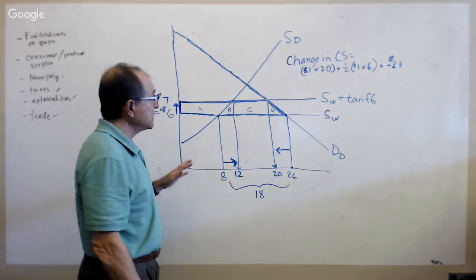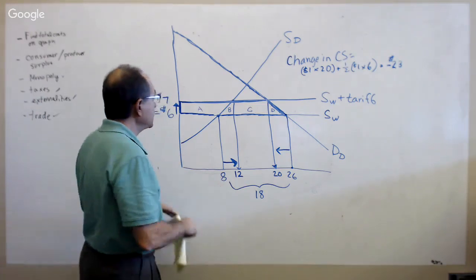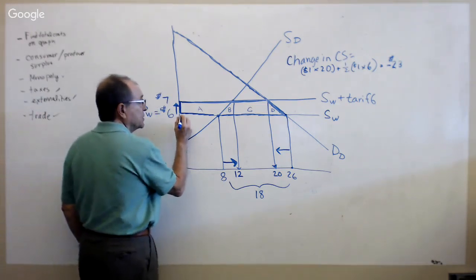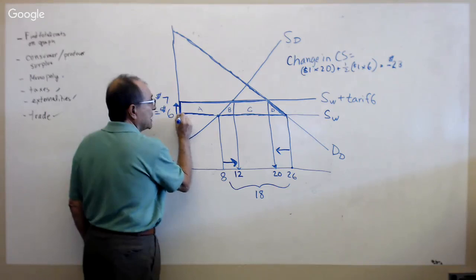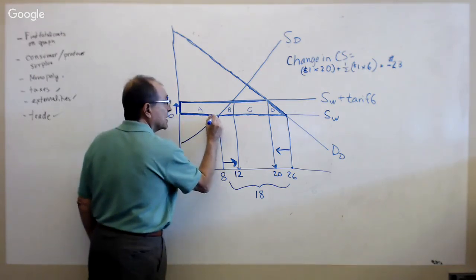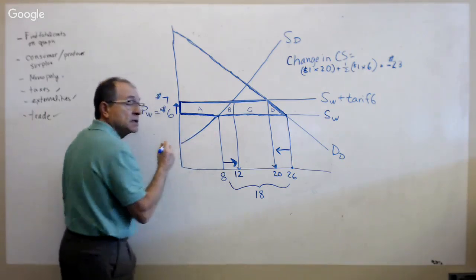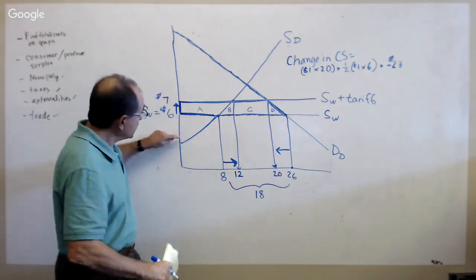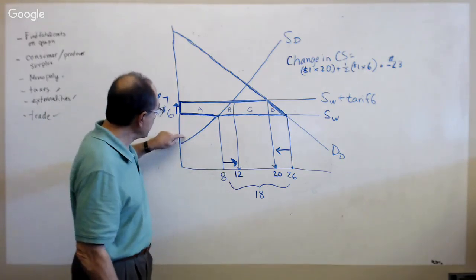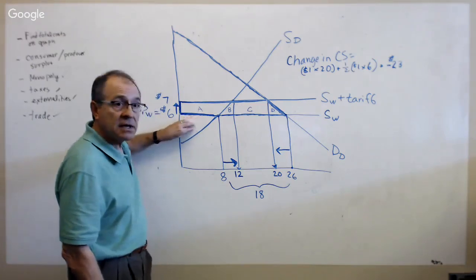Now, let's see what happens to producers. Recall that producer surplus is the area under the price that they receive, but above the supply curve. So in this case, producer surplus before the tariff was this rectangle that I'm not putting any label on.